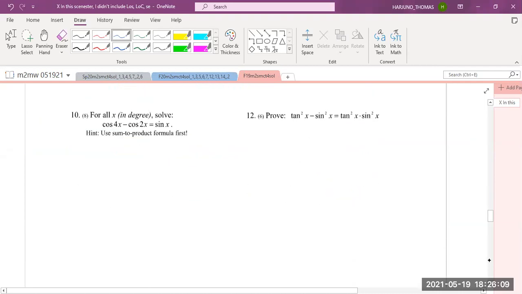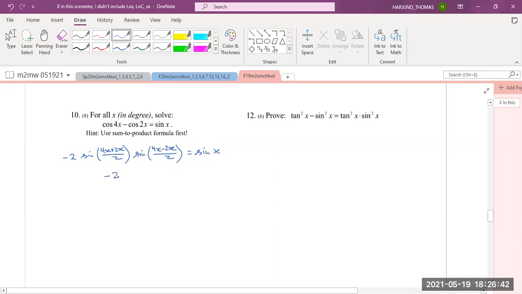Number 10. For all x in degrees, solve. Use sum to product formula first. So this will be negative 2 sine sum over 2 sine difference over 2 equals sine x.